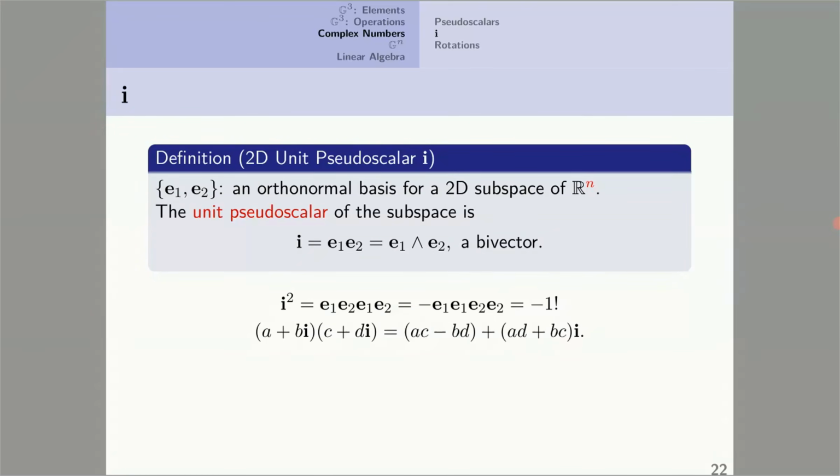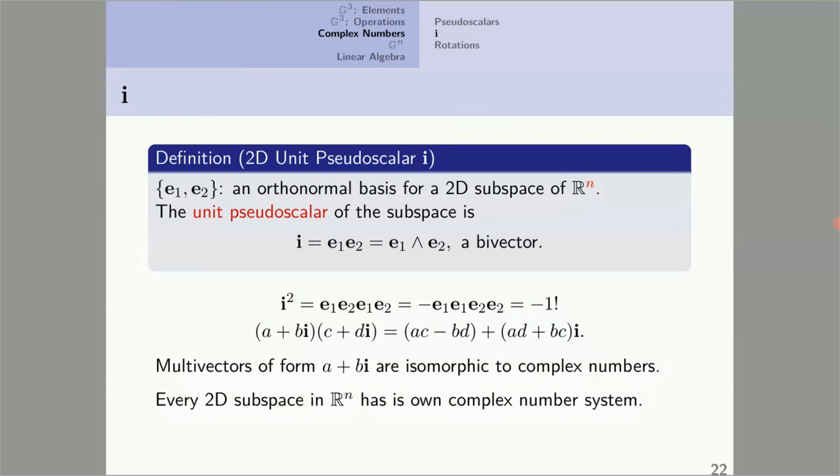And so multivectors of the form a plus bI are isomorphic to, have the same arithmetic structure as, complex numbers. Every two-dimensional subspace of Rn has its own complex number system.